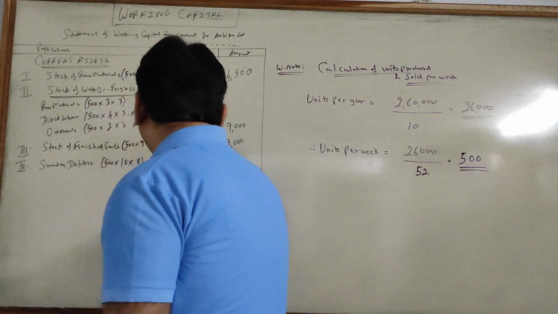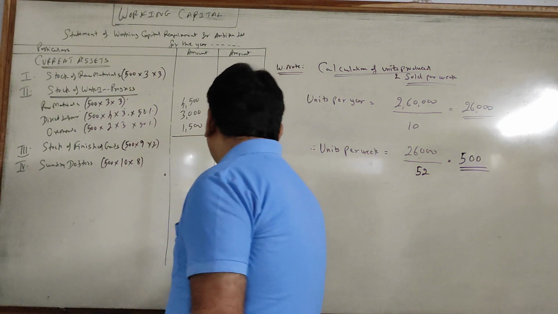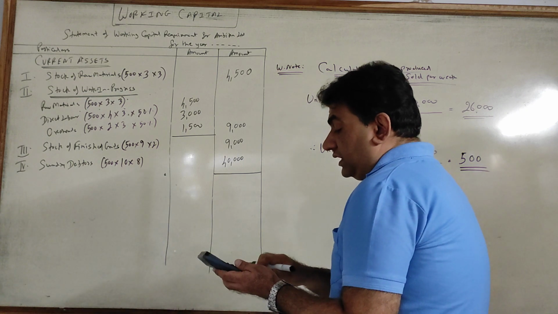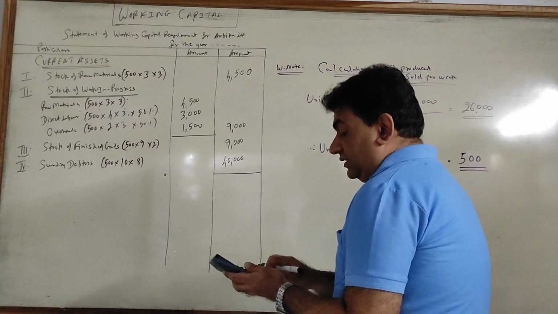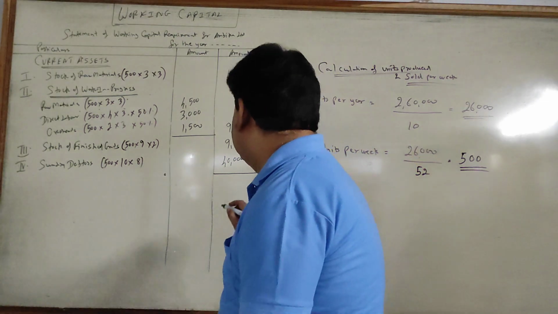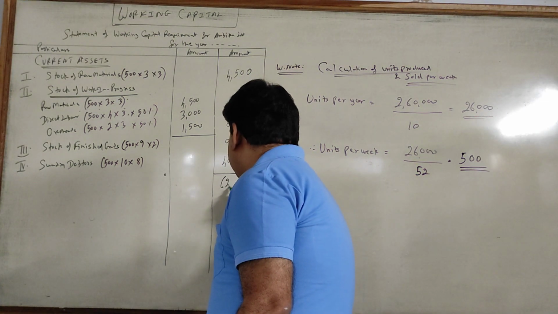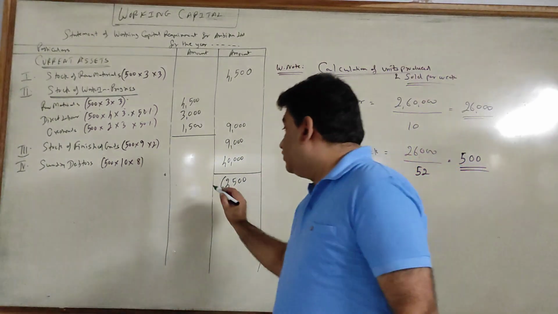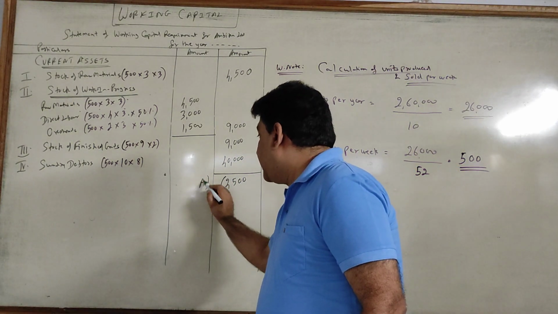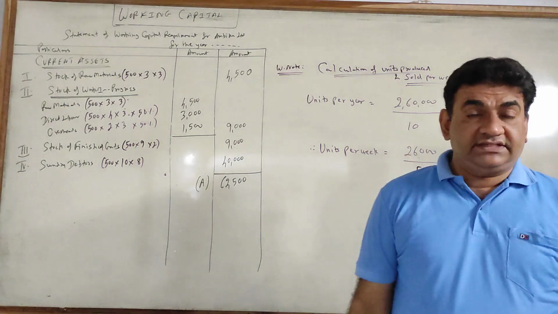So now what you do? Take the total. 4,500 plus 9 plus 9 plus 42. This gives you 62,500. Next to this 62,500, write capital A and put it in brackets.